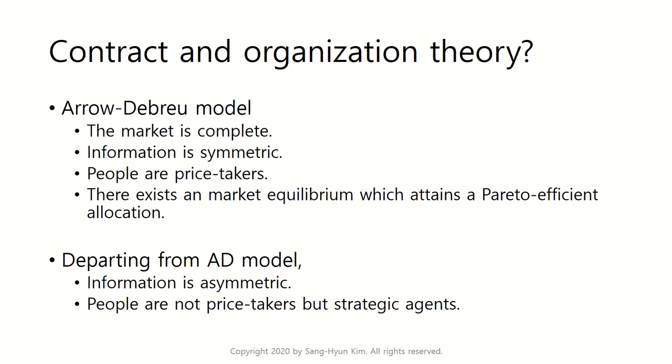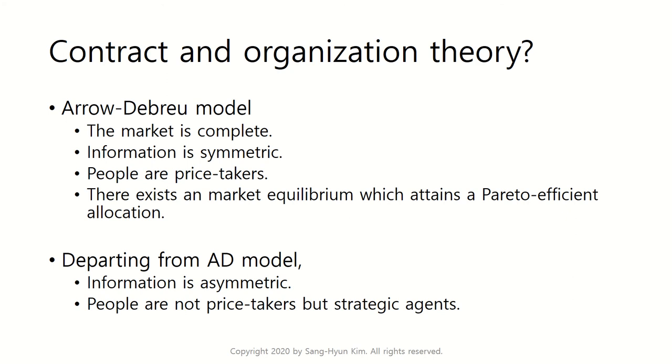That means information is imperfect, but they assume information is symmetric, which means that if there is something I do not know, then you also do not know, and if there is something you do not know, then I also do not know. So there is no asymmetric information problem. So imperfection is symmetric.